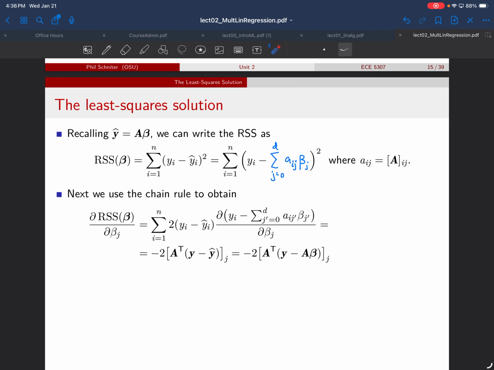Okay, so we have to be a little careful now. Over here, we have used j to mean the particular beta we're taking the derivative with respect to. If we're not careful, we might use j again, as we did here, and plug in the expression with j. Now there's a clash because j is used to mean a particular term as well as a dummy variable.